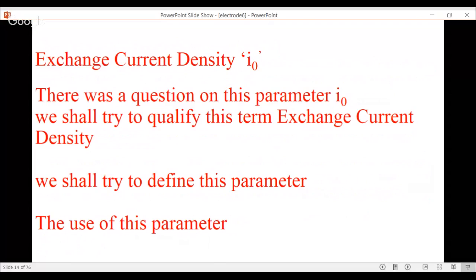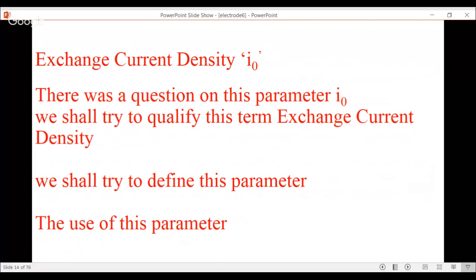When there is an anodic current and a cathodic current, both have a magnitude. The same way, exchange current density also has a magnitude. I0 is a number, a current density. Okay. The use of this exchange current density, for the moment we will take it up.